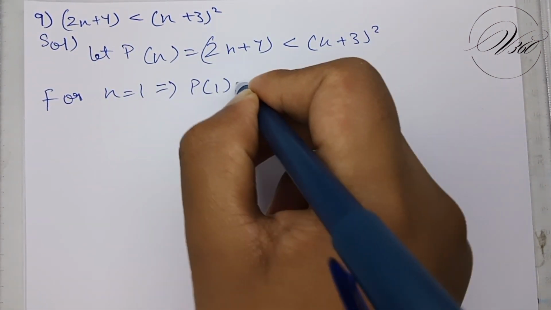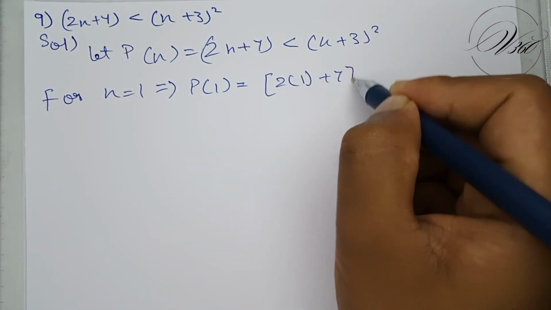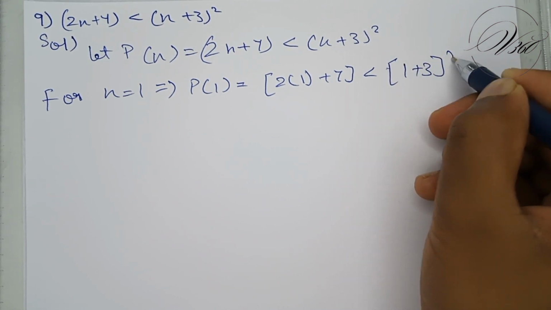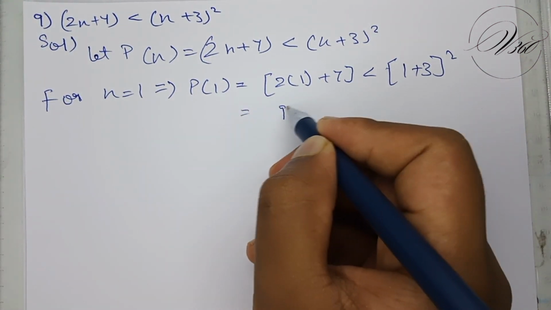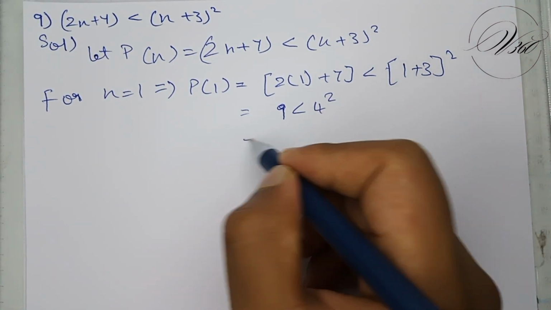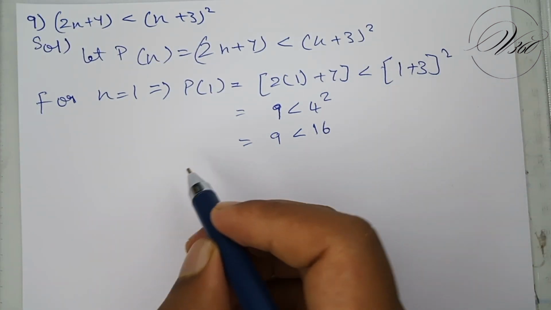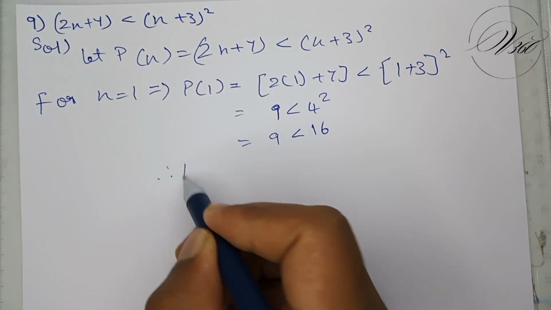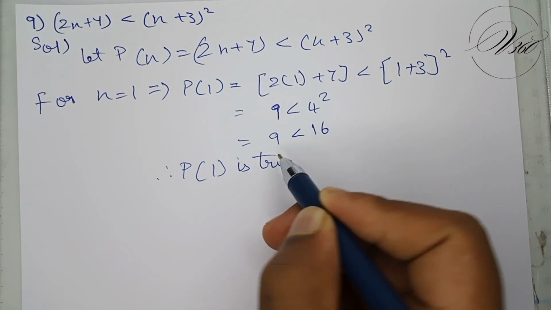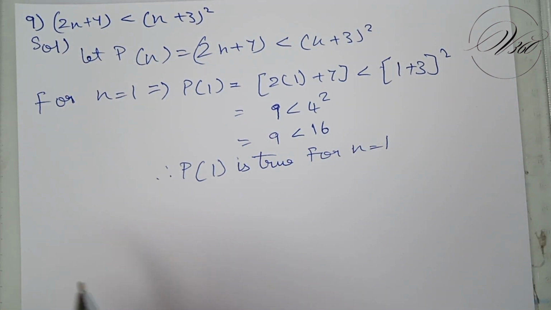P of 1 is equal to 2 of 1 plus 7, which is smaller than (1 plus 3) whole square. Now we will get 9, which is smaller than 4 square, and 9 is smaller than 16. So therefore P of 1 is true for n is equal to 1.